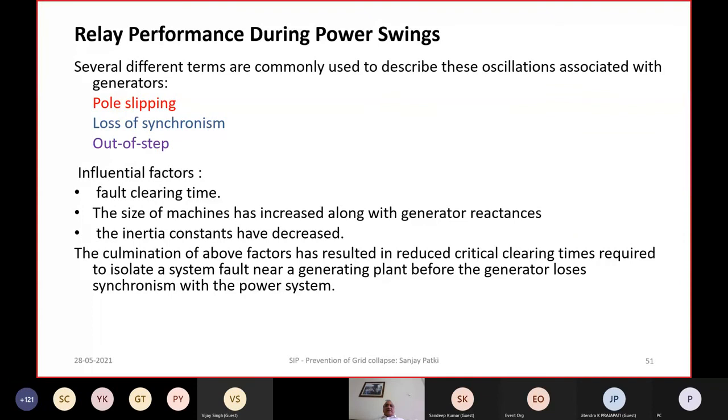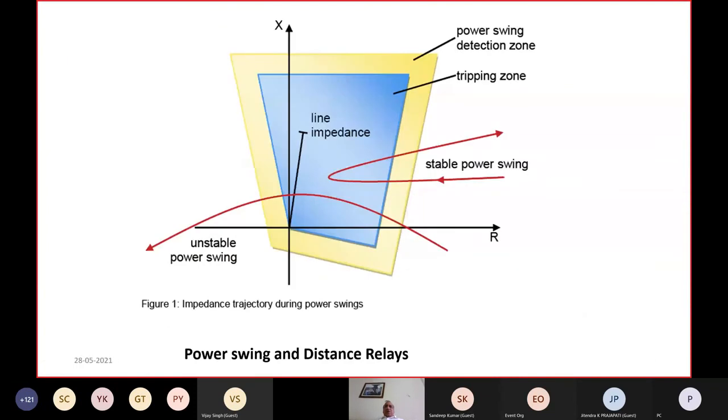What was the previous practice? We used to block zone 1, zone 3 and zone 2, and trip the line if it is in zone 1. If the power swing is happening like this and goes out within the 2 seconds blocking period, you save the line.